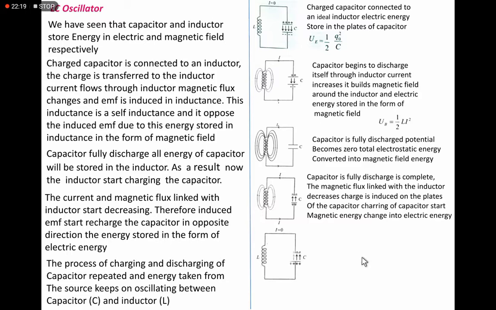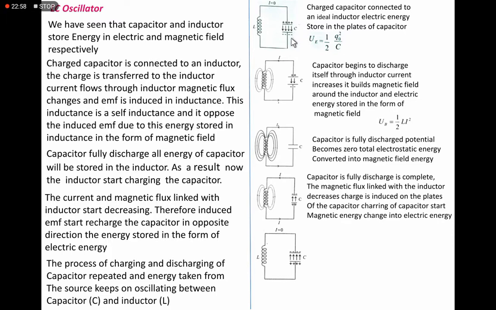The next diagram: the inductance is fully discharged and the capacitor is fully charged. Because the charges moved from inductance to capacitance, the magnetic field energy of the inductance becomes zero, because no charges are there across the inductance, and the energy is stored across the capacitor as electrostatic energy.